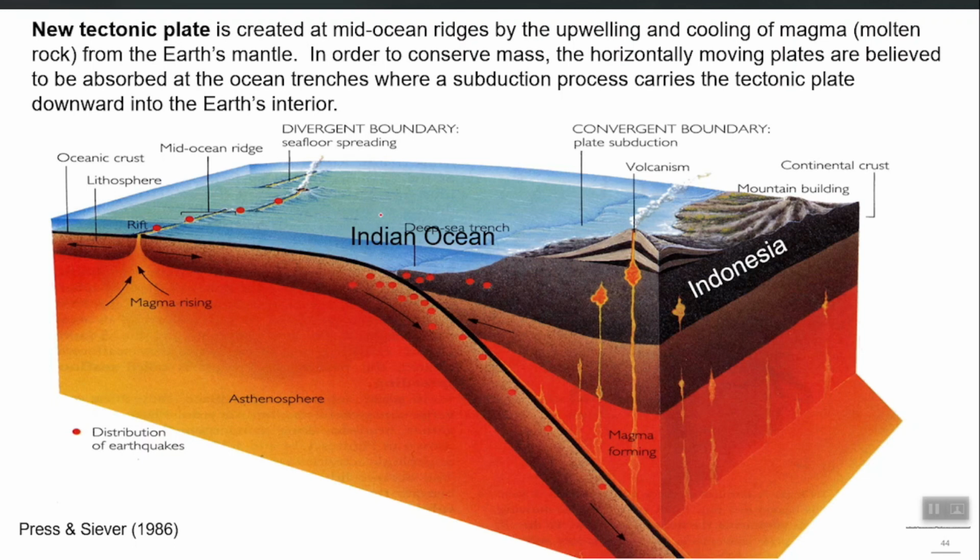So sometimes for explanation we call this the oceanic plate, and this the continental plate, right. So at the Sumatra subduction zone, an oceanic plate is subducting under the continental plate, right. The plate movement is following this arrow.